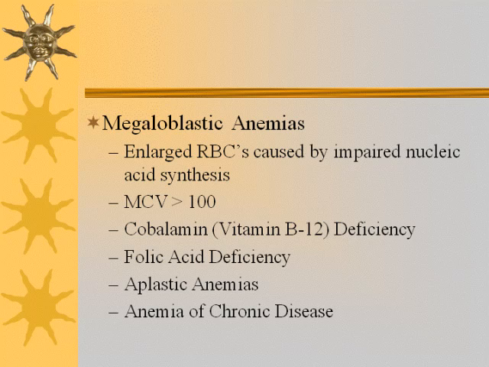You have to have vitamin B12 and folate for DNA synthesis and red blood cell maturation. So if you don't have vitamin B12 and you don't have folic acid, then your red blood cells are not going to mature, and your DNA production is not going to be efficient.